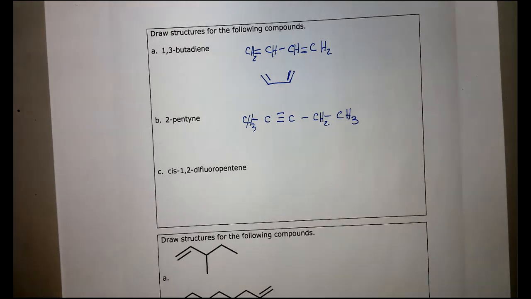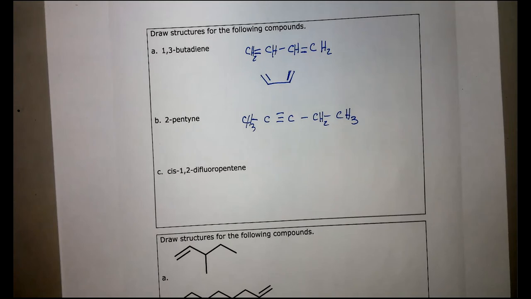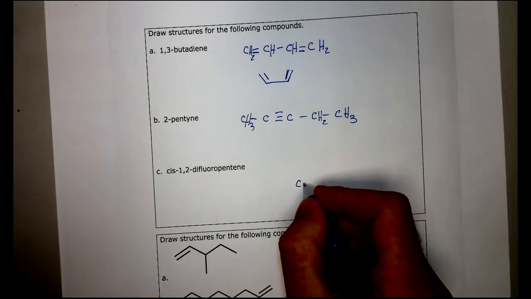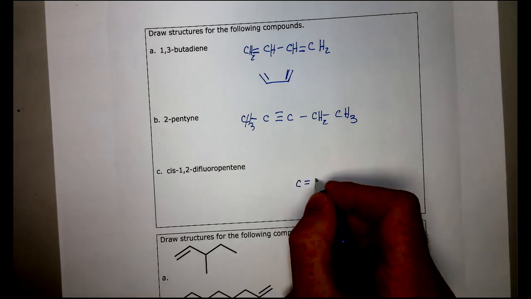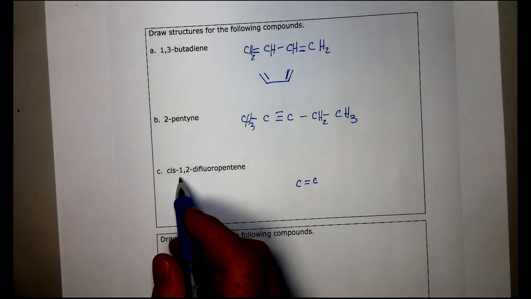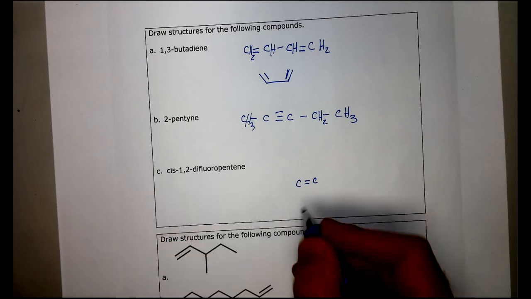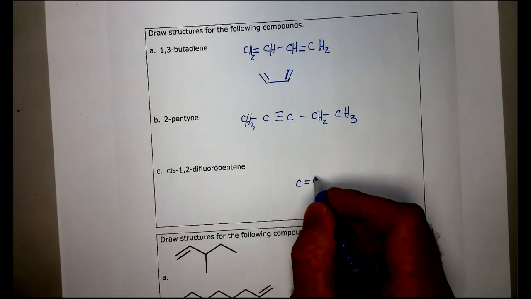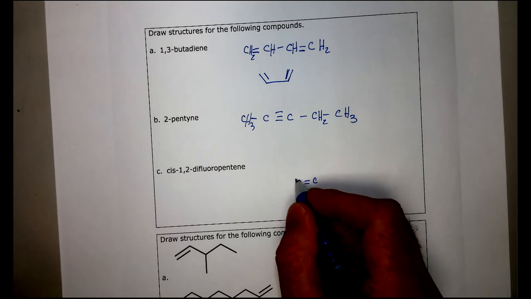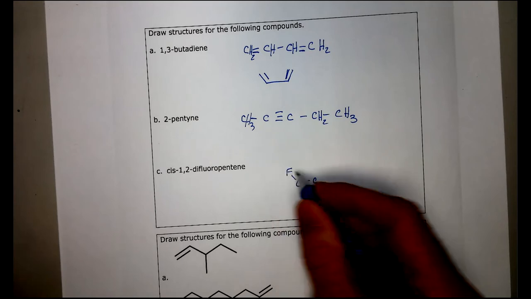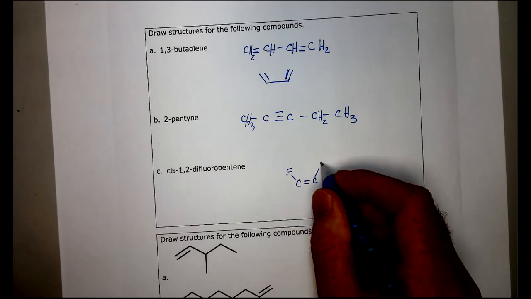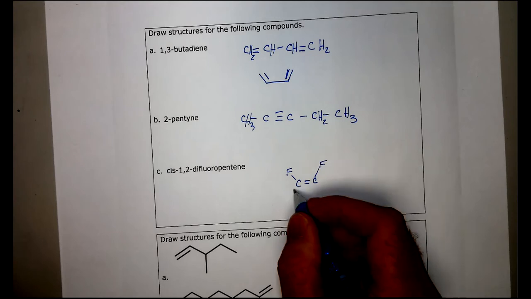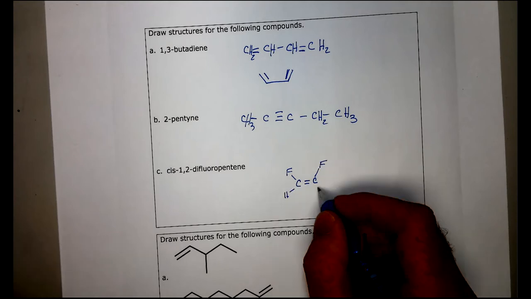Now we get pentene. So we're going to start with our double bond because it's a cis. And it's cis 1, 2. So this would be the end of our molecule. So the fluorines would be on the same side. It doesn't matter how you draw it to represent the same side. And so you'd have hydrogen there, finishing out the octet.